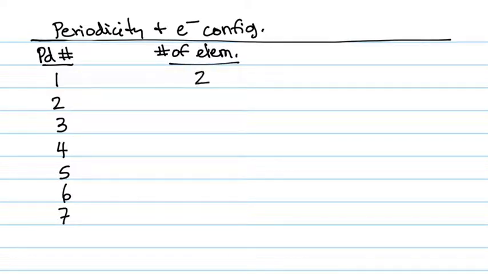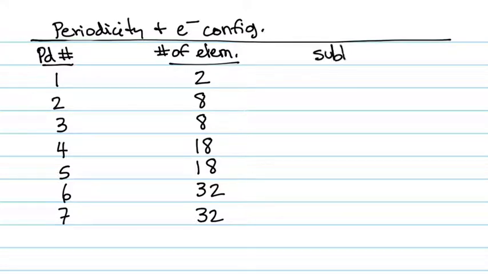On the first period, there's only 2 elements. Second period, 8. Third period, 8. I'm hoping you see this pattern emerge. And again, we have discovered or created the full length of period 7 now to incorporate all 32 elements. And that part I said, hey, we're going to get back to label.